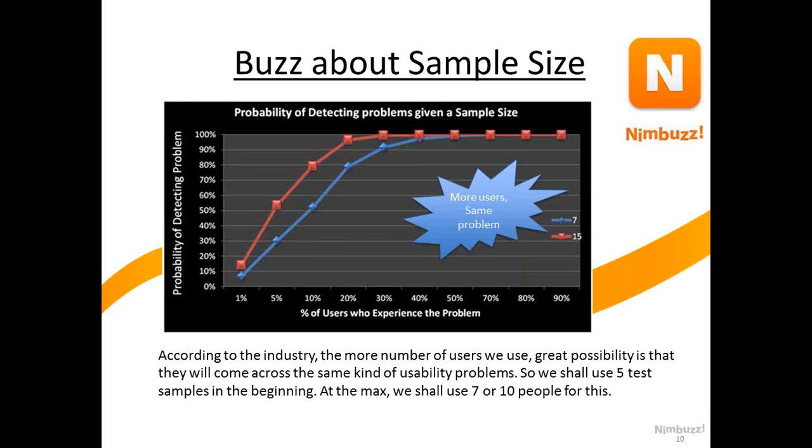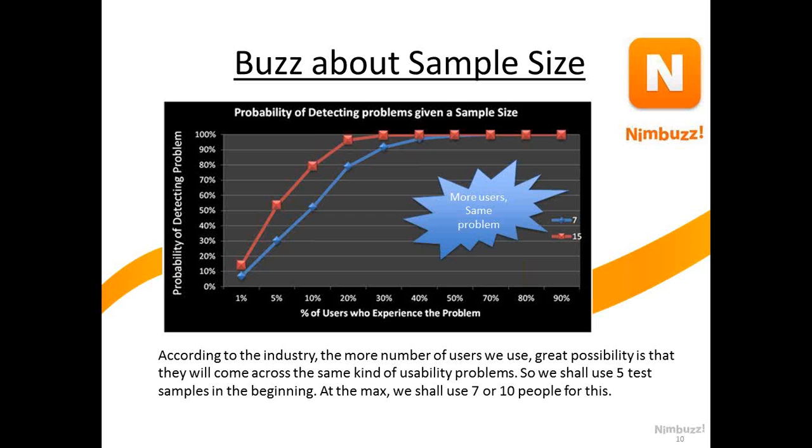So let's talk about the sample size. How many people you really need to call for this, and how many people you really need to invite if you are doing moderated usability testing in an organization.